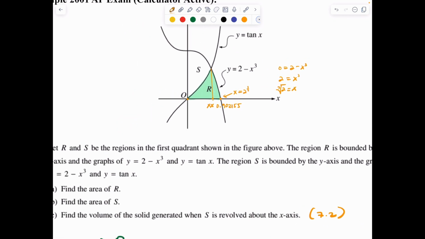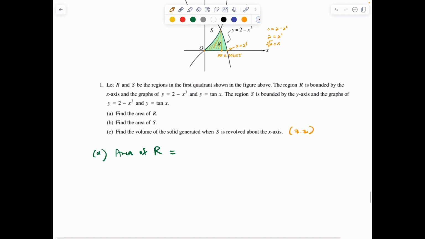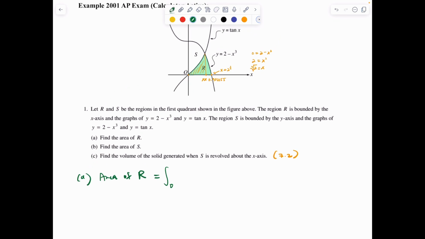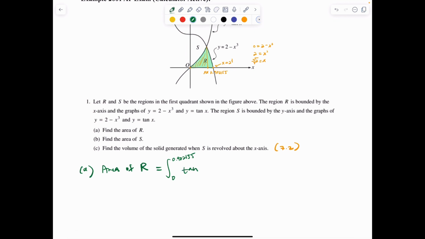Okay, so this first region that we are finding the area for would be the integral from 0 to 0.902155, which again, if you wanted, you could define as another letter and store on your calculator.